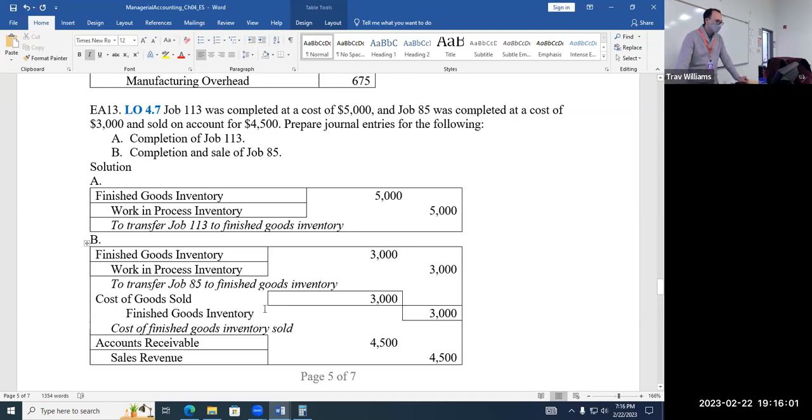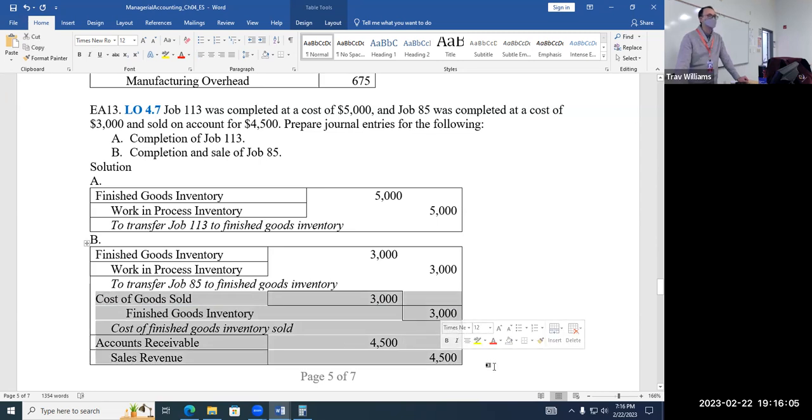Okay. So when you have a sale, assuming you're using the perpetual inventory method, which is the more common method, you're going to have the amount of revenue, either cash or accounts receivable. You're going to have the cost of goods sold.